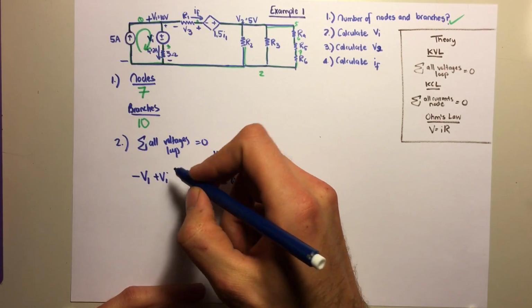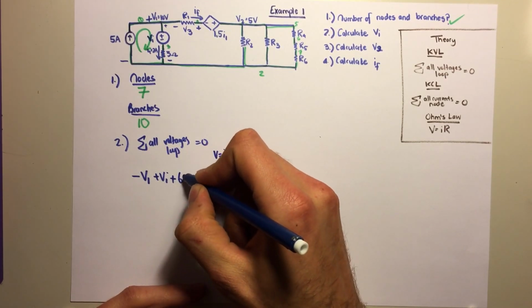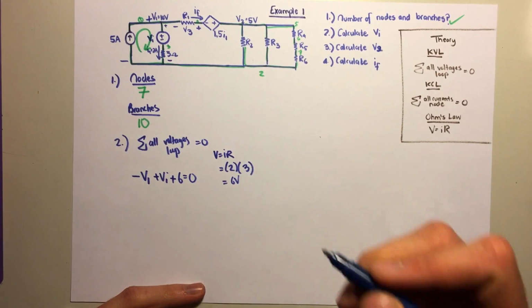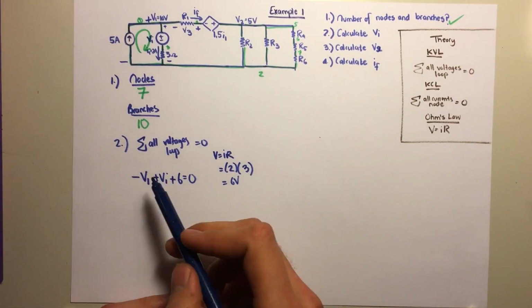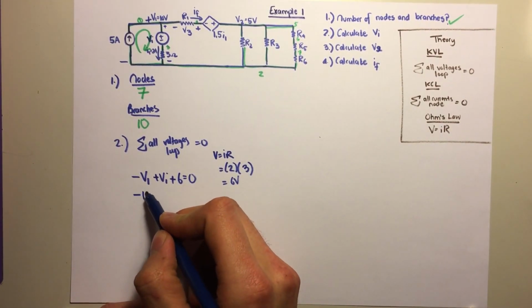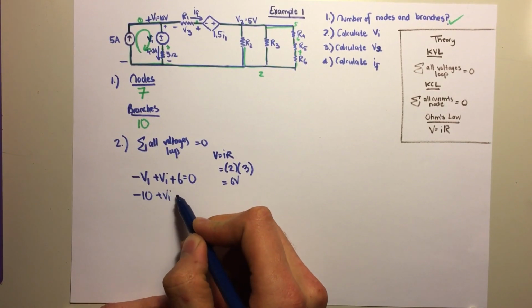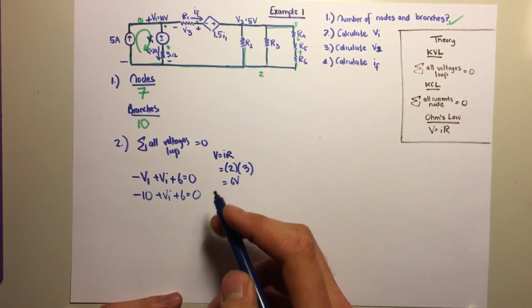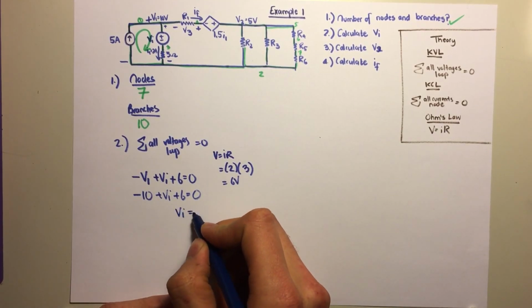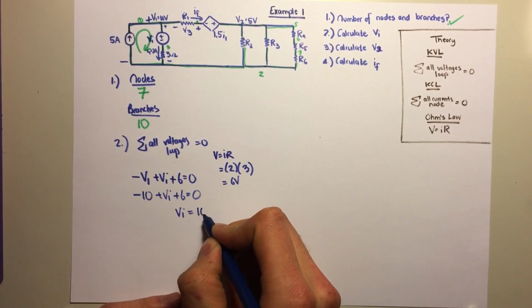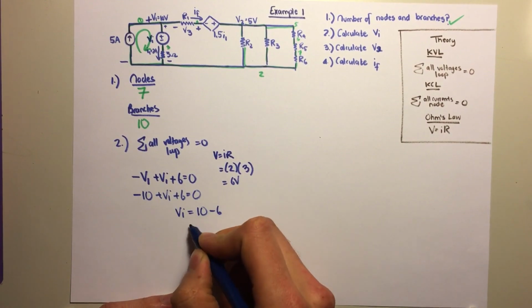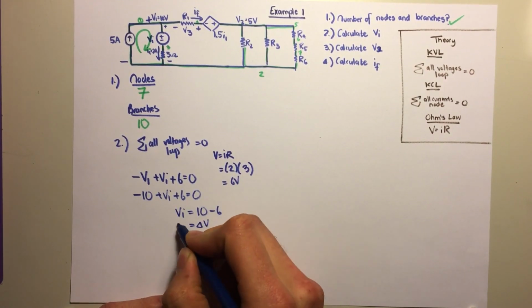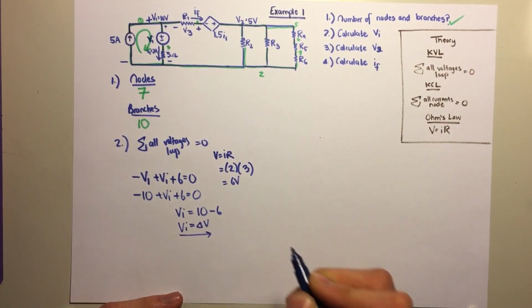So that would be plus 6 equals 0. We also know what the value of V1 is, so we can say that that is minus 10 plus VI plus 6 equals 0. So now I can simply solve for VI. VI is equal to take the minus 10 over, which would become 10 minus 6, which gives us 4 volts for VI.